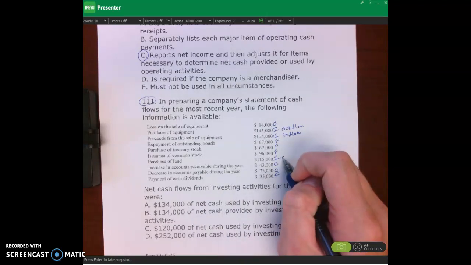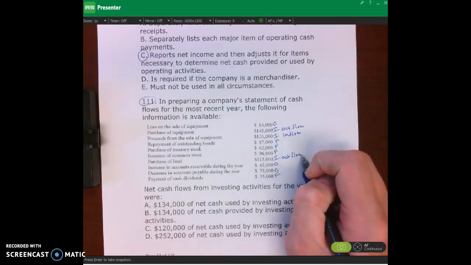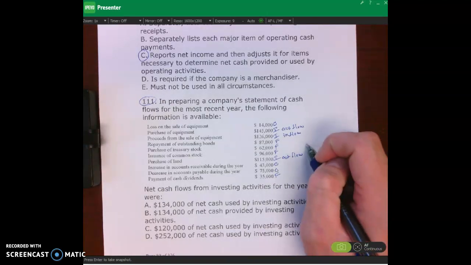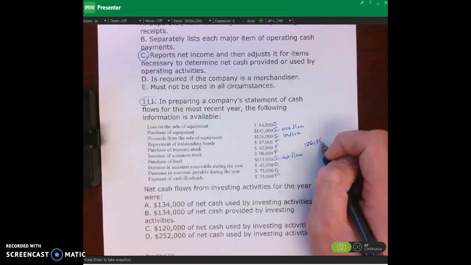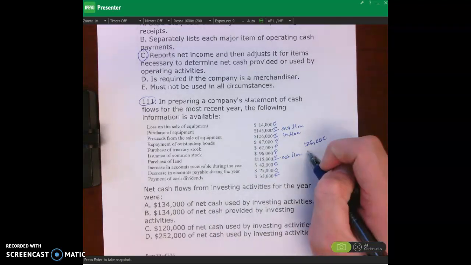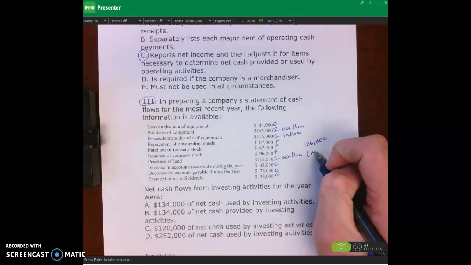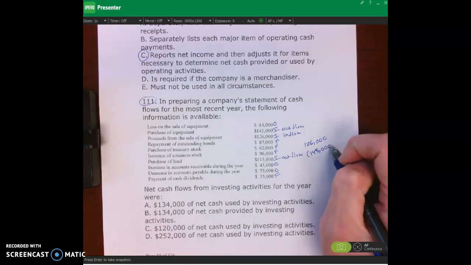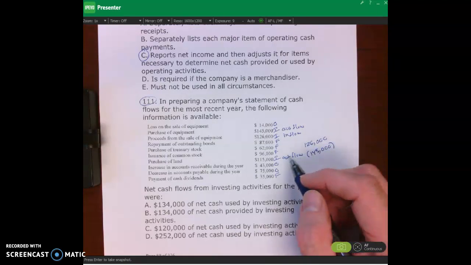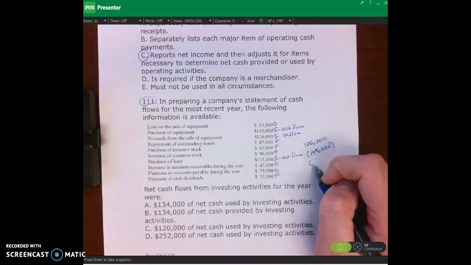Purchase of land, that's also an outflow. Okay? So I can say I have my 126 from the sale. And then I'm going to represent my outflows in parentheses: 145, the purchase of equipment, and then my purchase of land.